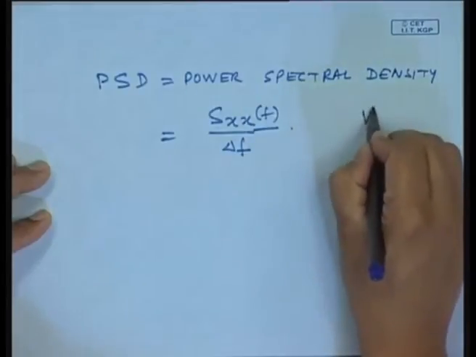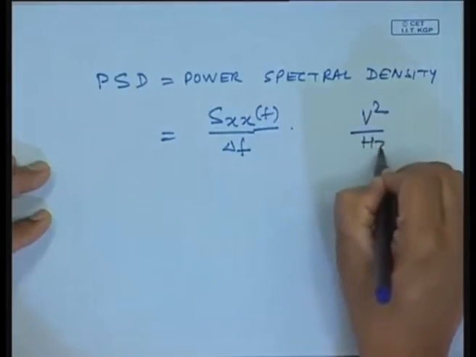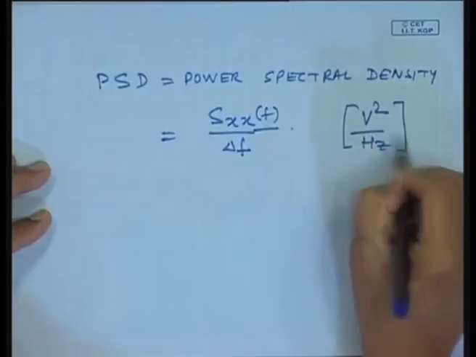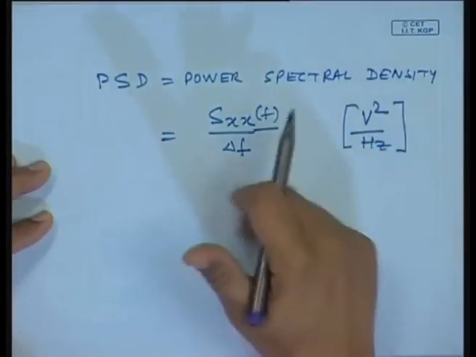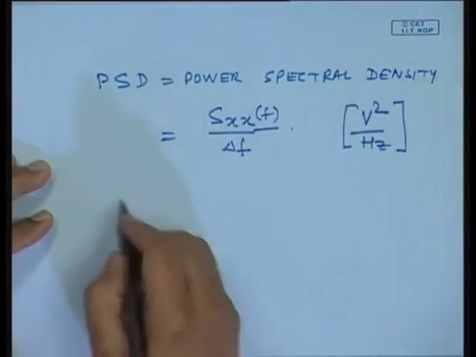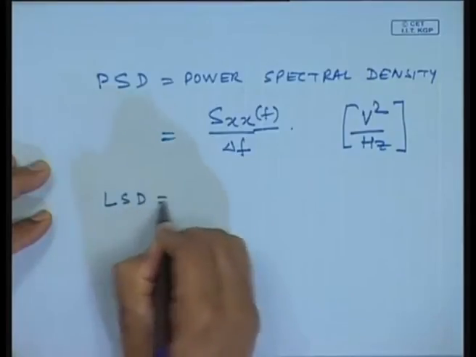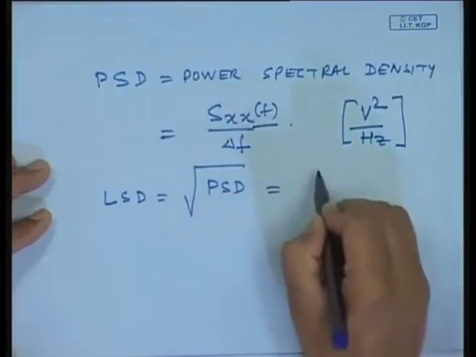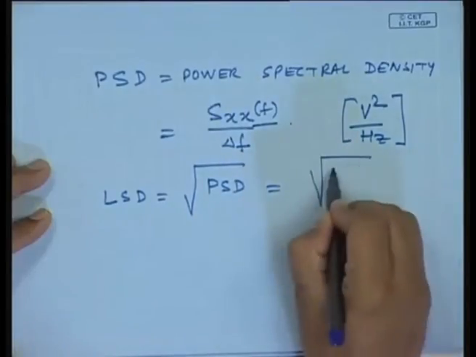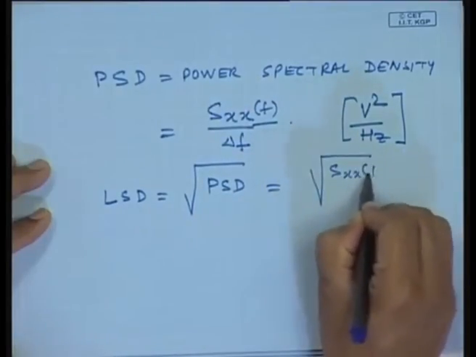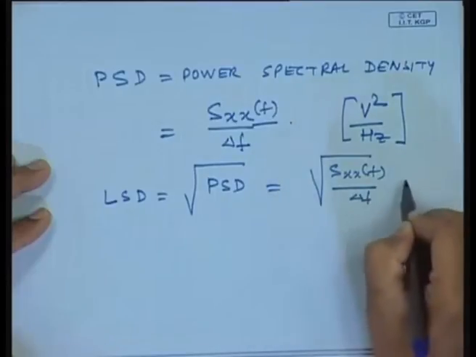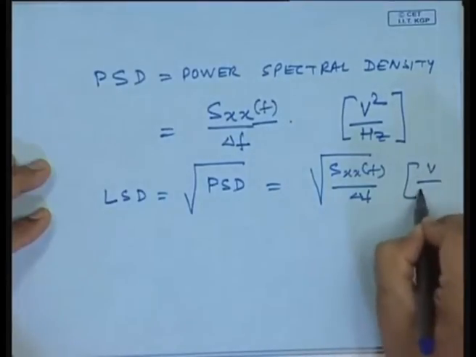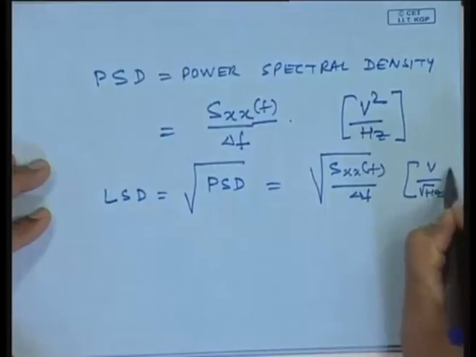So, unit will be voltage square by hertz, and this is used to characterize random signals which are varying with time. So, linear spectrum will be nothing but the square root of power spectral density, and the units will be voltage by square root of hertz.